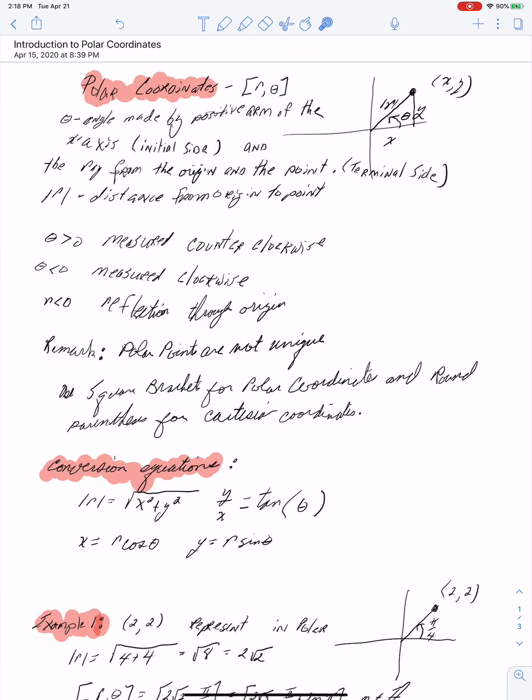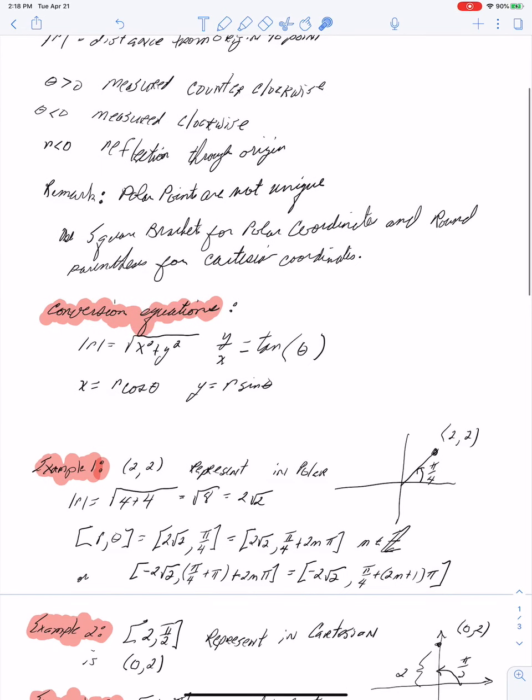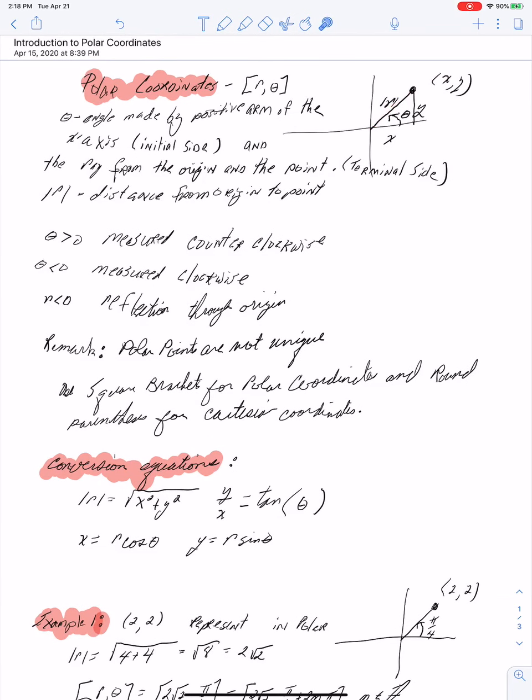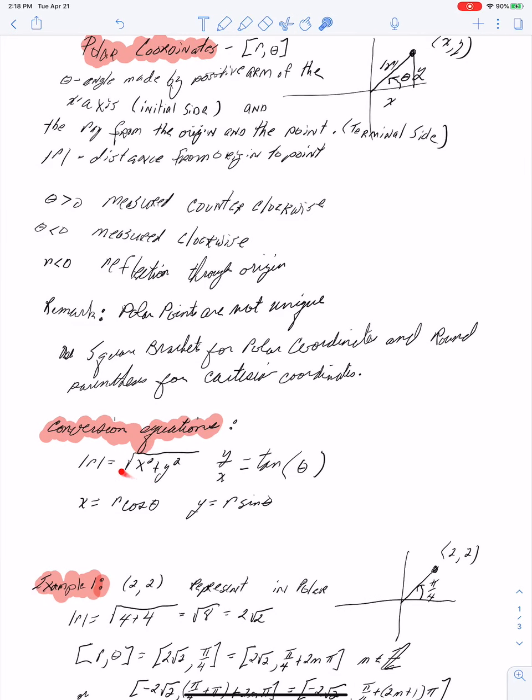All right, so if I want to do some conversions from Cartesian to polar, here are the conversion equations I use. The absolute value of r is just this distance, which is, by the Pythagorean theorem, the square root of x squared plus y squared. Tangent of theta, I don't care where you happen to be, tangent of theta always turns out to be y divided by x, even if you're in the second, third, or fourth quadrant.